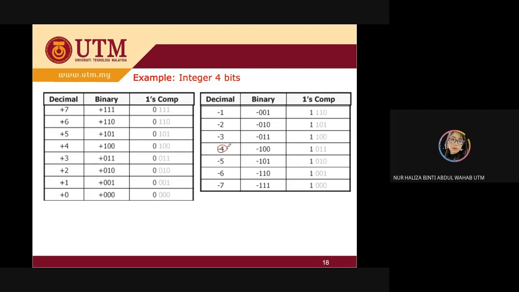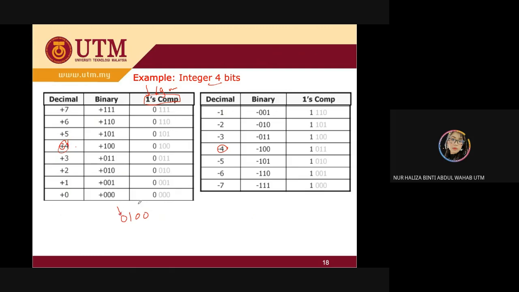If, let's say, 4 for positive, what will happen is, although it is called first complement, the method is similar to sign magnitude. 4, right? 1, 0, 0, and then because it's 4, it's going to be 0 in front. And you know the first value is a sign.